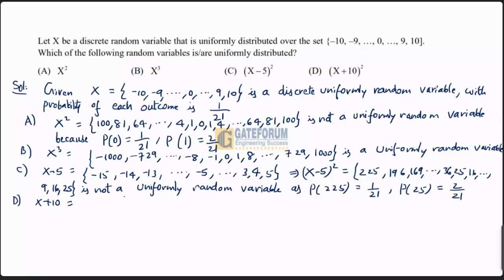Add 10 to each outcome of the random variable X. You will be getting 0, 1, 2, and so on, 10, and so on, 9, 10, is a discrete uniformly random variable, as each outcome is the same, 1 by 21.